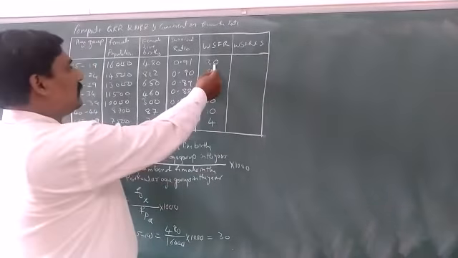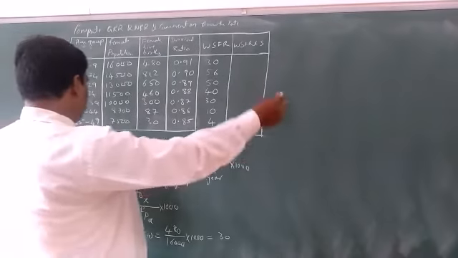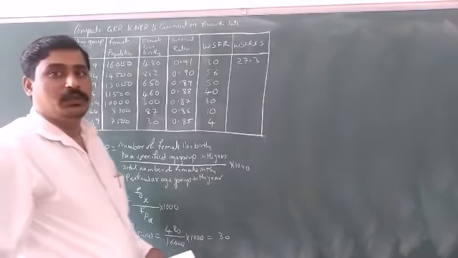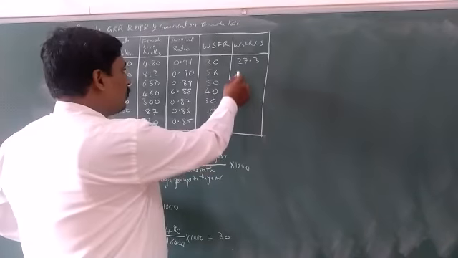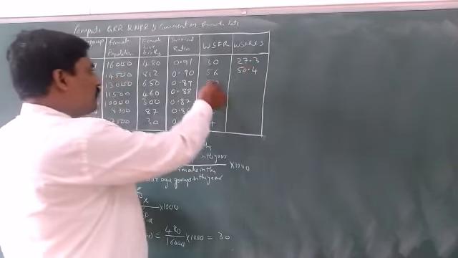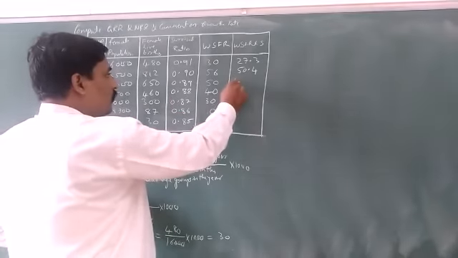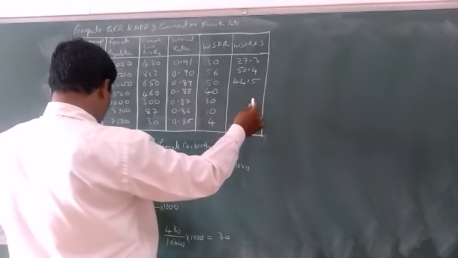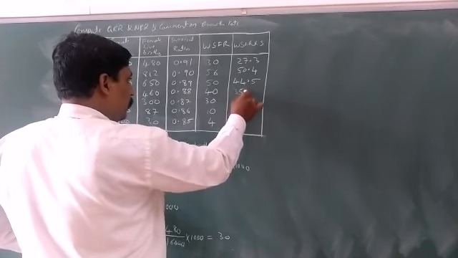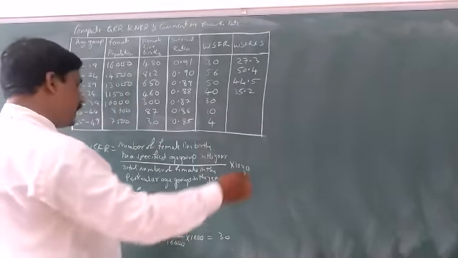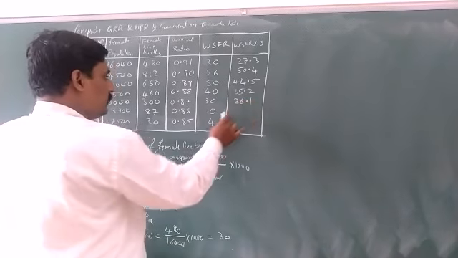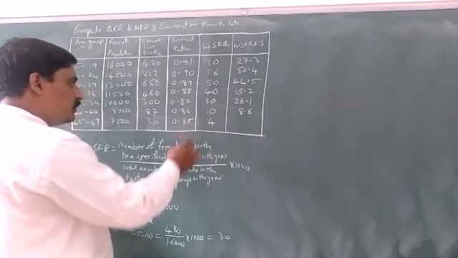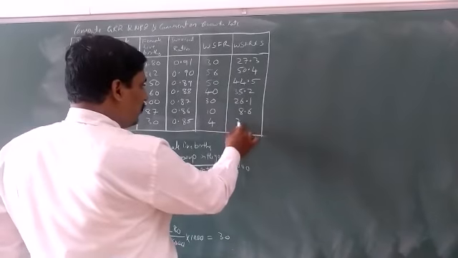So first one 30 into 0.91 we get 27.3. 56 into 0.9 is 50.4. 50 into 0.89 is 44.5. 40 into 0.88 is 35.2. 30 into 0.87 is 26.1. 10 into 0.86 is 8.6, and the last 4 into 0.85, that is 3.4.